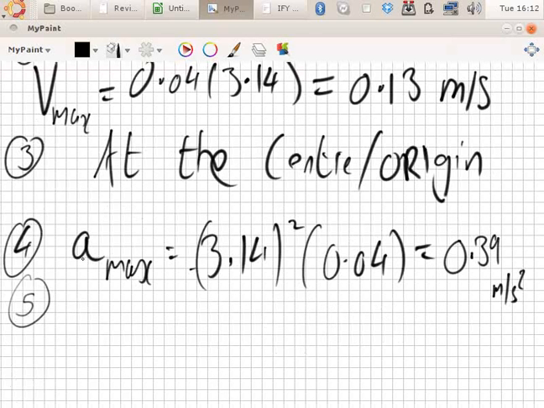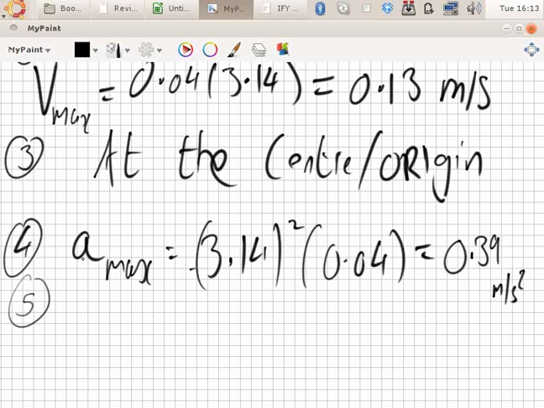Anyone else want to try? Velocity is 0. True, but they want you to describe its position. Describe that. Quiet, please. So it's going like this.